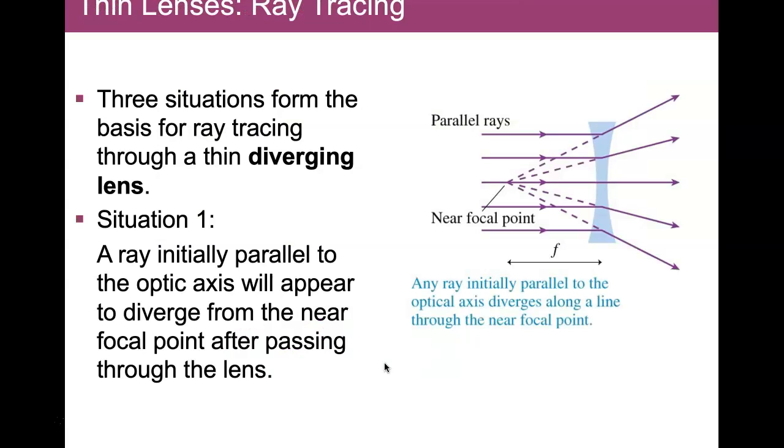Okay. So we can apply exactly the same formula to diverging lenses, except you have to put a negative number for f. That's all there is to it. So instead of these rays moving that way and converging at the distance f, they converge at minus f.